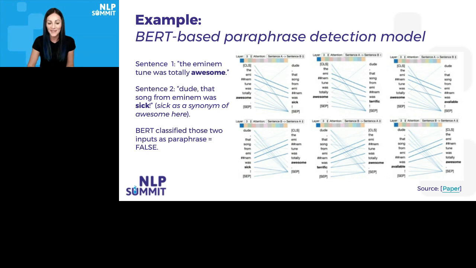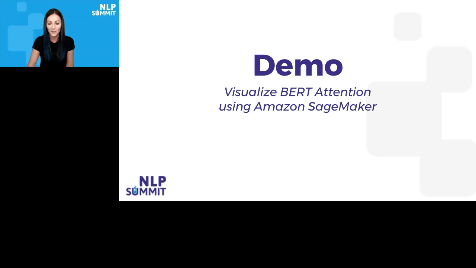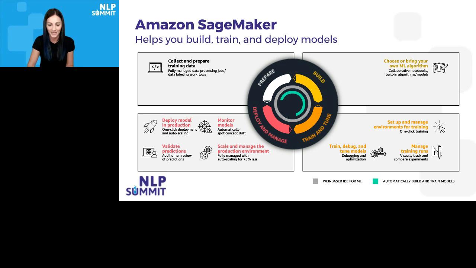All right, so let's do a demo. And before I start the demo, I just want to quickly show you the tools I'm using. So I'm going to use Amazon SageMaker, which is a fully managed service from AWS that helps you to build, train, and tune your models.